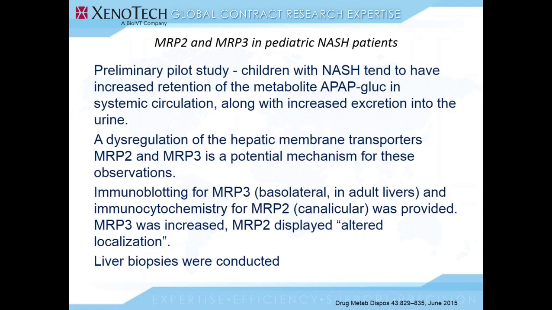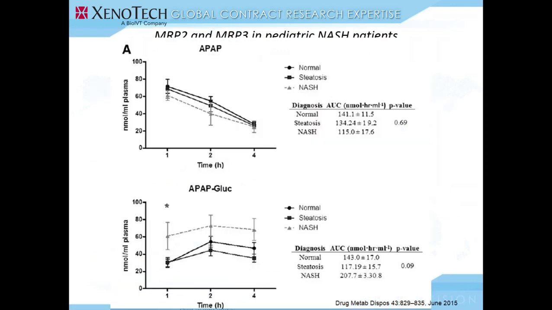Liver biopsies were also conducted. As I mentioned, this was a preliminary study involving 9 pediatric patients with steatosis, 3 patients with confirmed NASH, and 12 controls. This graph illustrates findings of this study.